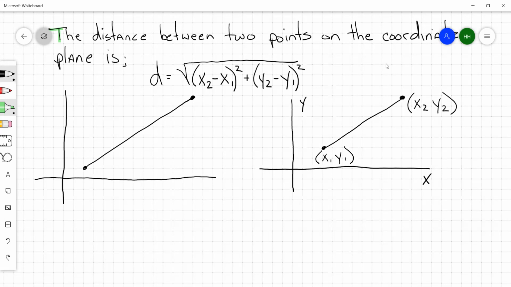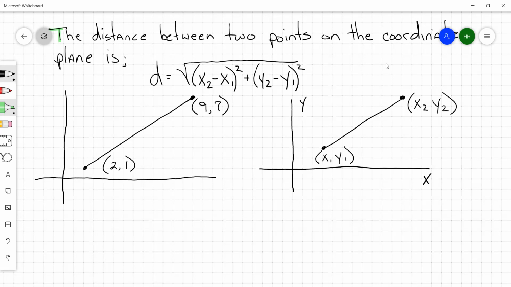So if we're going to find the distance here, let's say down here at this first point we're at 2, 1, and then this other point is 9, 7. What I'd like you to do is to label the points first.